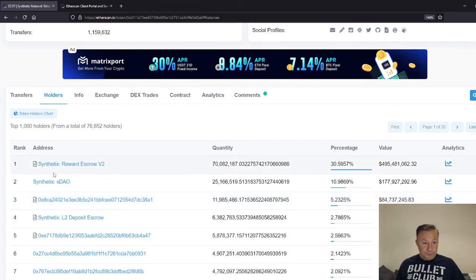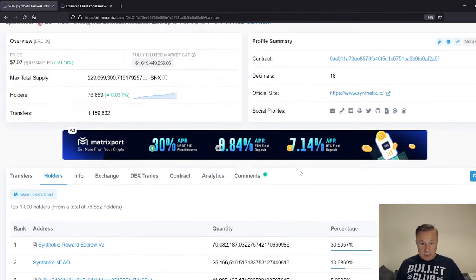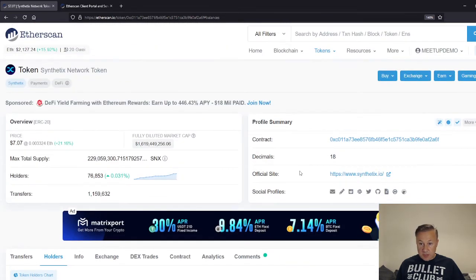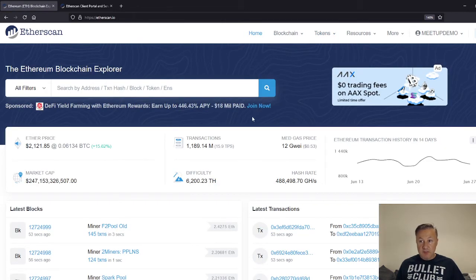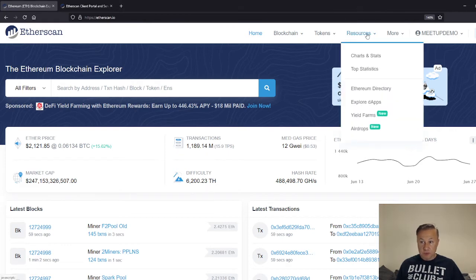The other thing you can look at, if we go back to the home page, if you're interested in charts and things like that, there's another really good option in here called resources.